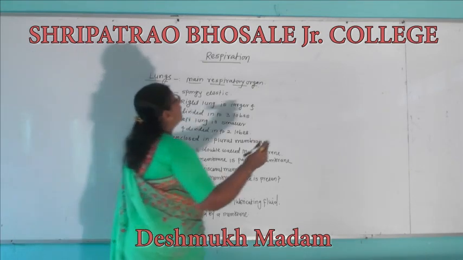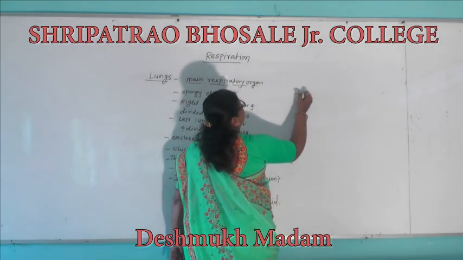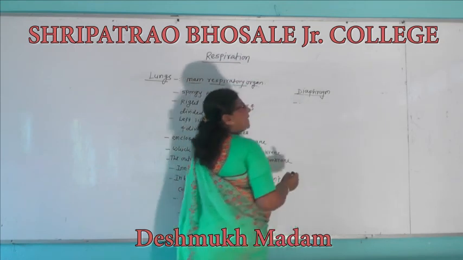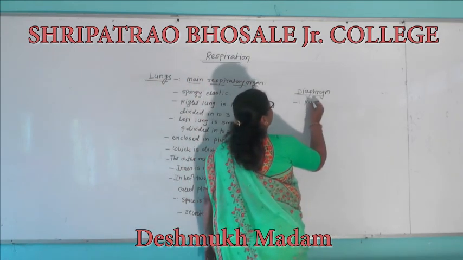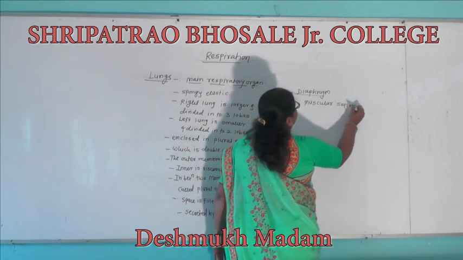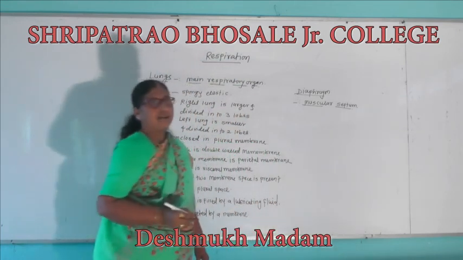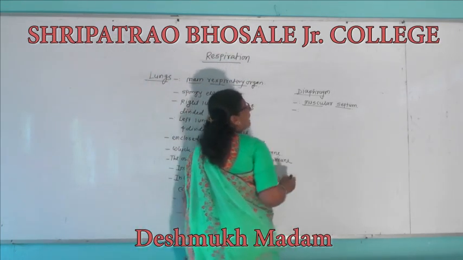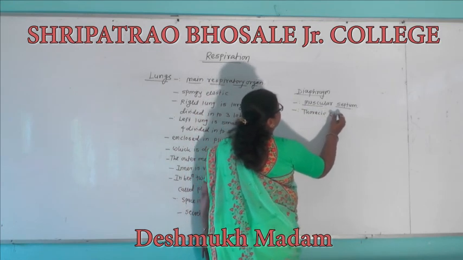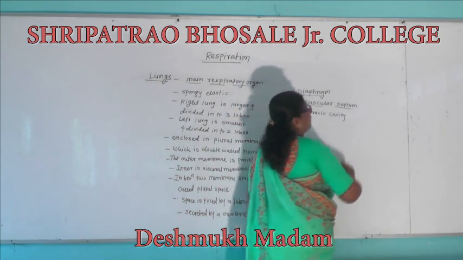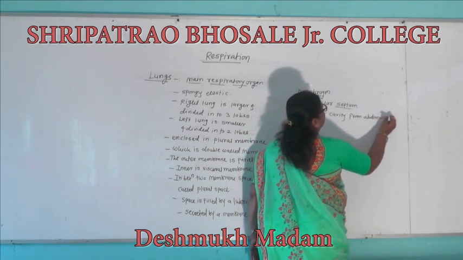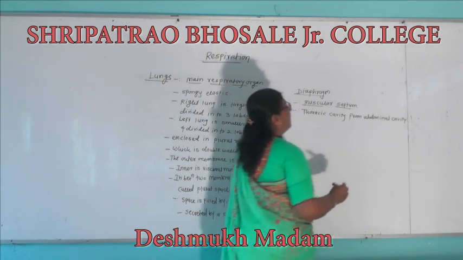Then the last part is the diaphragm. Diaphragm is the muscular septum which separates the thoracic cavity from the abdominal cavity.